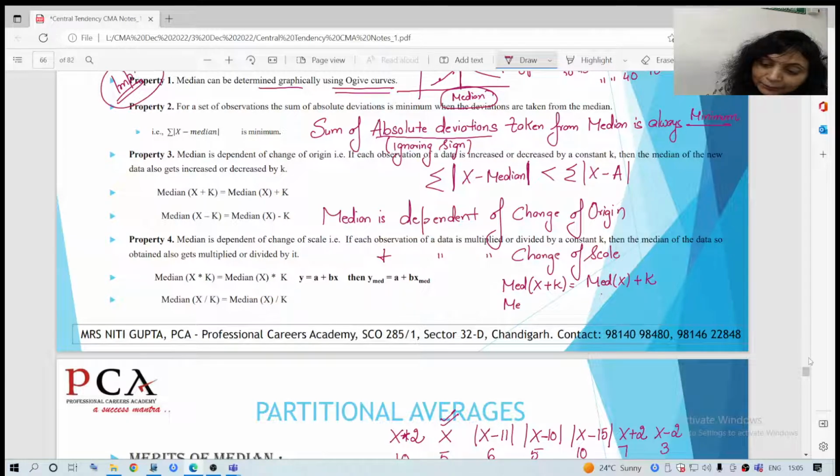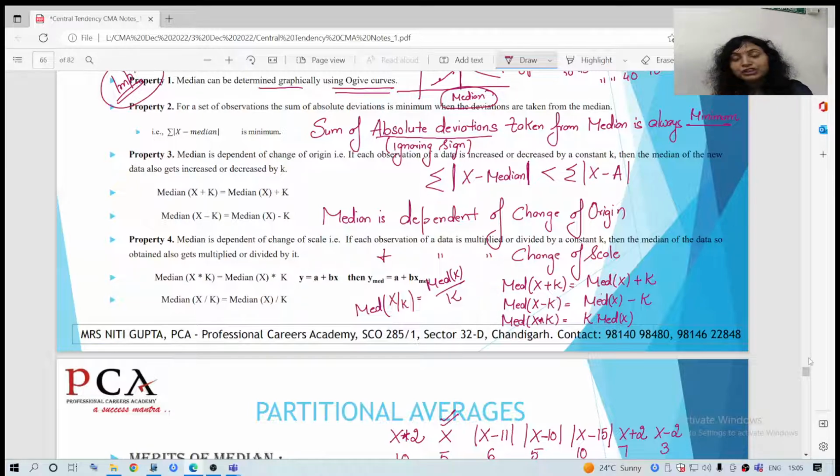Median of x minus k is equal to median of x minus k. Median of x into k is k into median of x. And median of x divided by k means median of x divided by k.